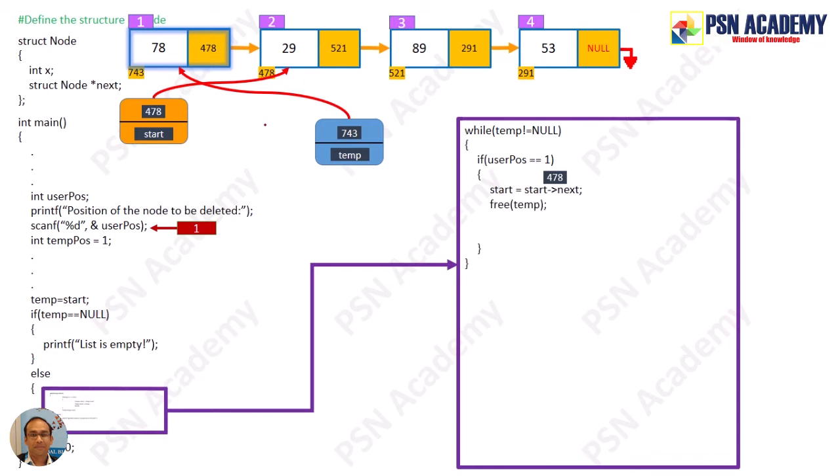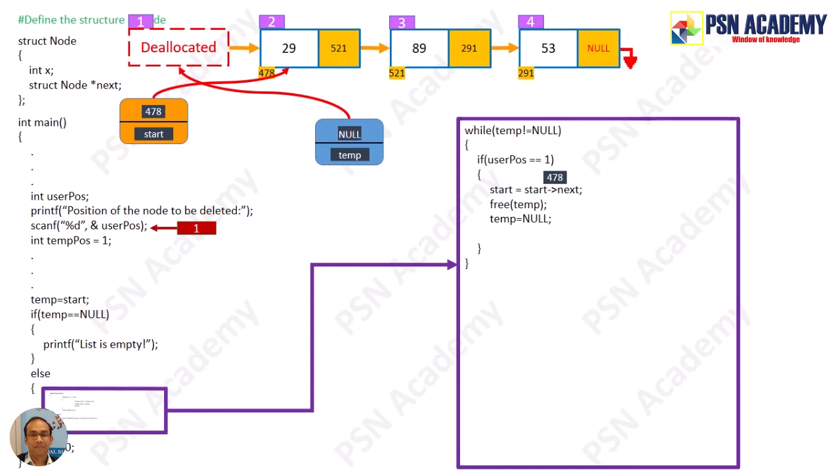Next, you write free temp. That means the memory pointed to by the temp pointer will be deallocated now. And you see that the temp pointer still points to the location at 743. So, temp should be pointing to null now.